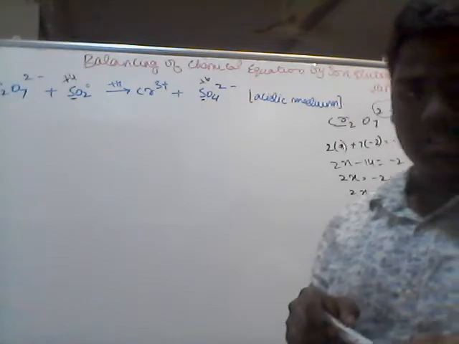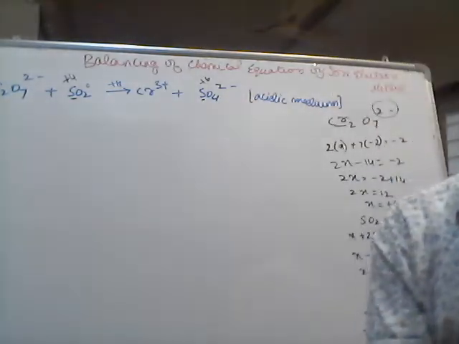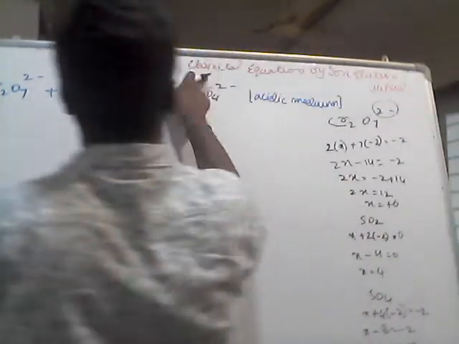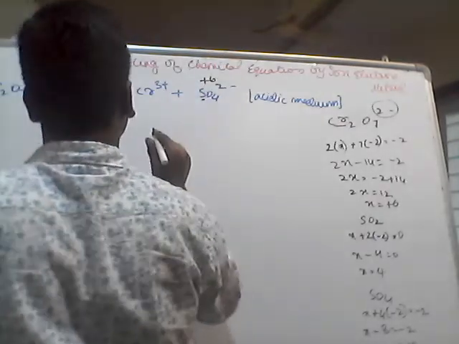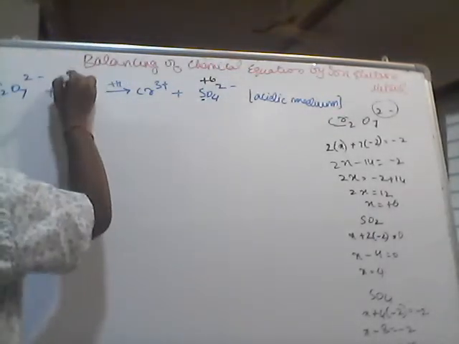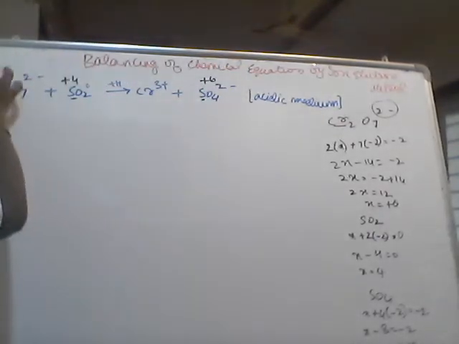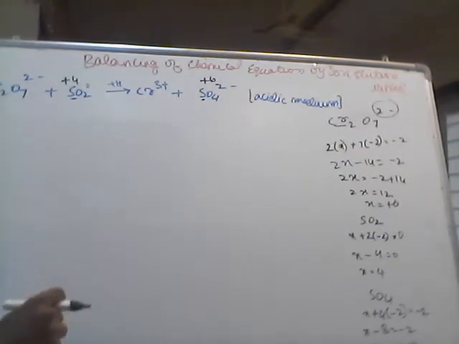So we got all the charges: sulfur is plus 4 in SO2, plus 6 in SO4 2-, and chromium is plus 6 in Cr2O7 2-.